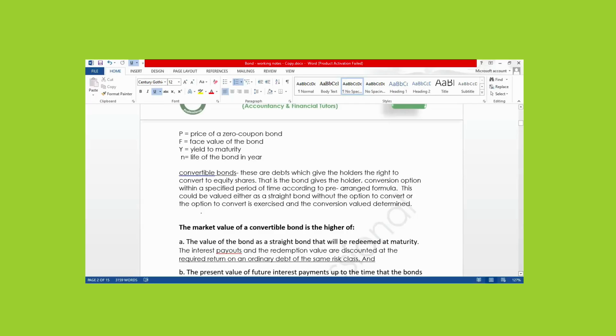These cash flows include annual interest payable from year 1 to maturity, and redemption value of the bond at maturity.